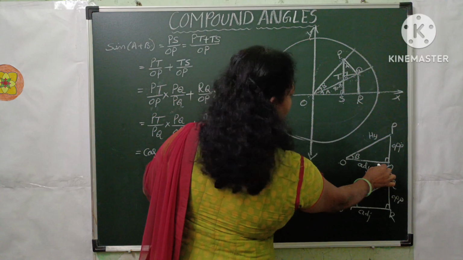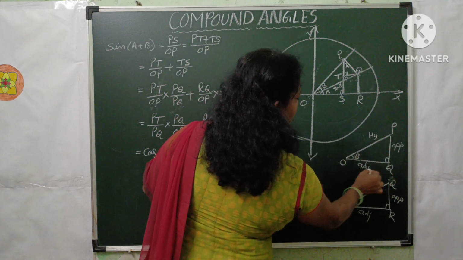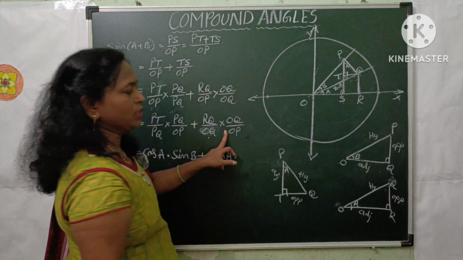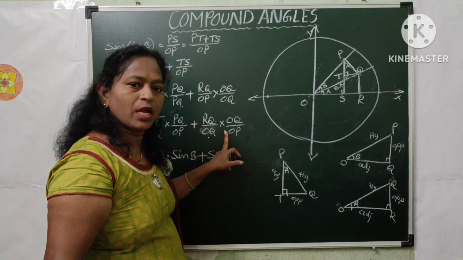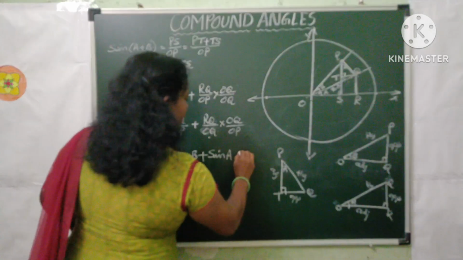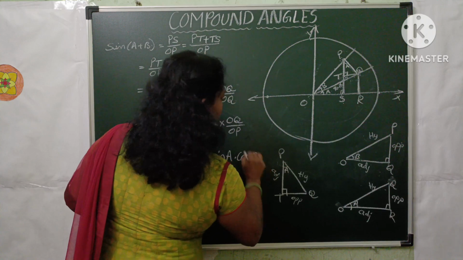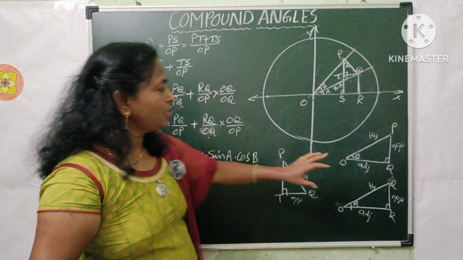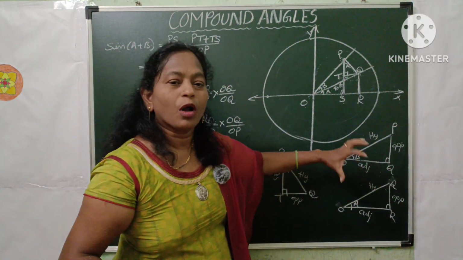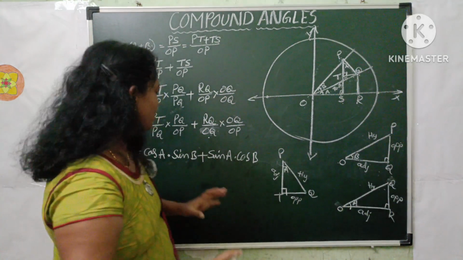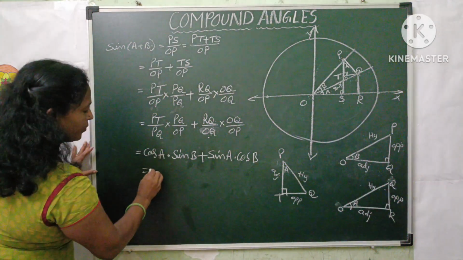OQ by OP. OQ is adjacent. This is hypotenuse. Adjacent by hypotenuse is a ratio of cos. So, it is cos. What is the angle? B there. So, these two are angle A, angle B, compound angles. So, now rewrite this.